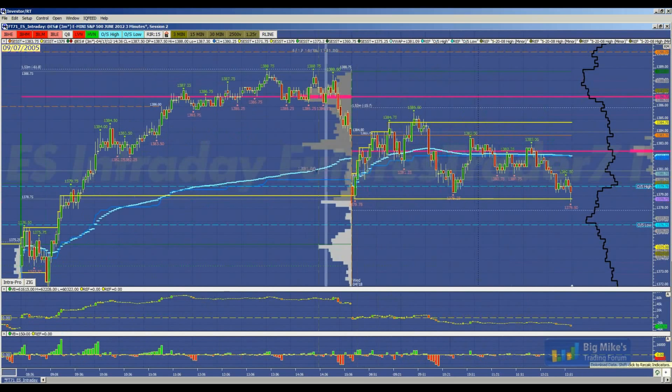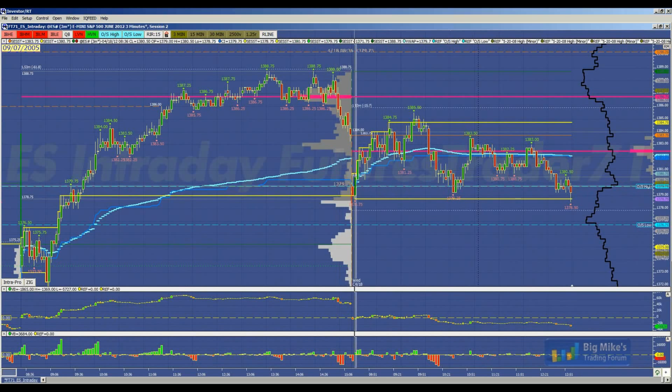The next day, it opened right at this low volume node, 79.75. I would have liked it at 76.75 actually, but it opened at 79.75, tried to test lower, tested this little balance area, very minor balance area.